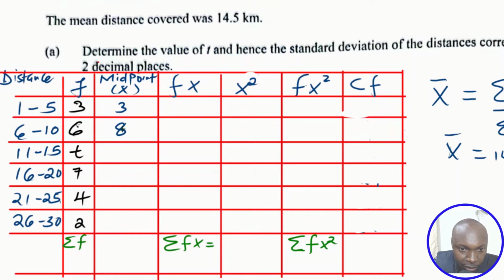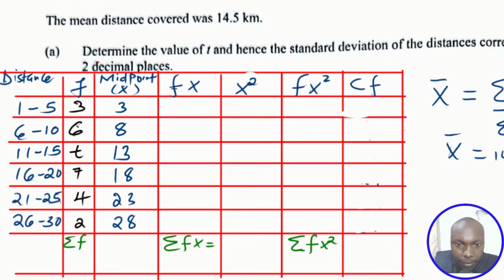So 3 plus 5, you get 8. Then 8 plus 5, the midpoint of this class will be 13. The other one will be 18. The other one will be 23. And the other one is 28. You see that the value of the midpoint differs by 5 since the class size is 5. So that is how you get the midpoint.